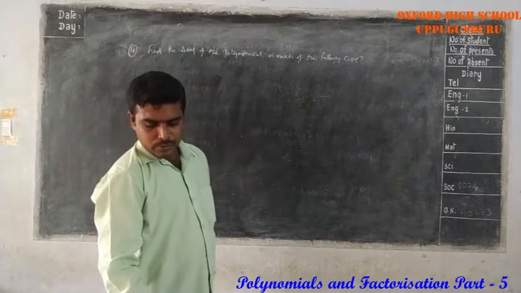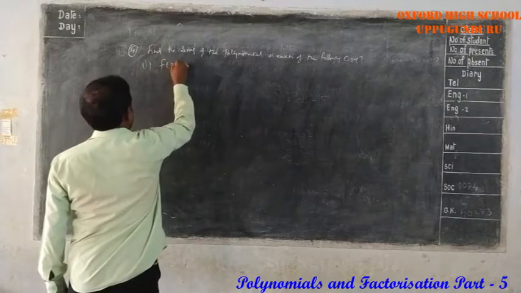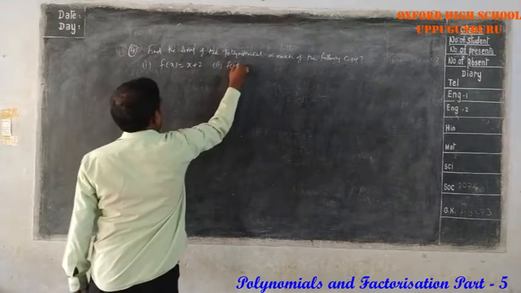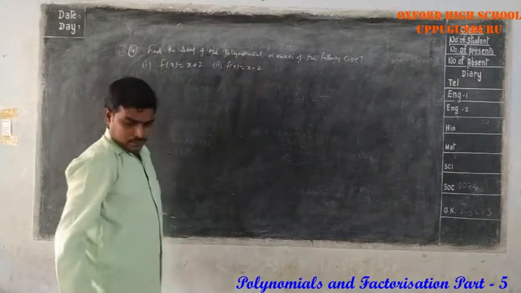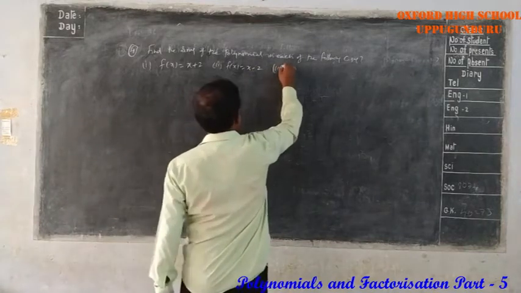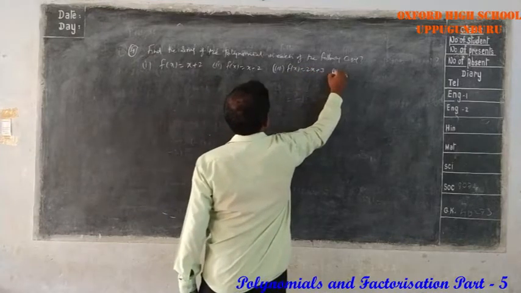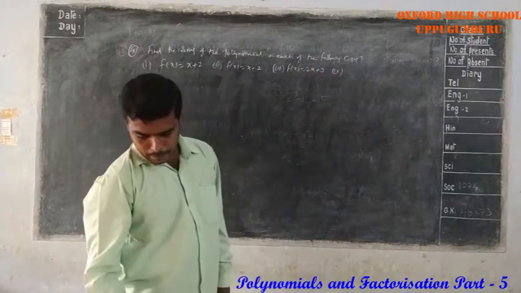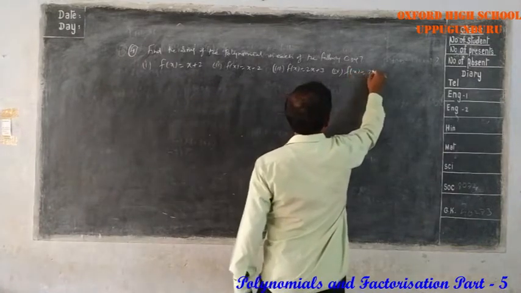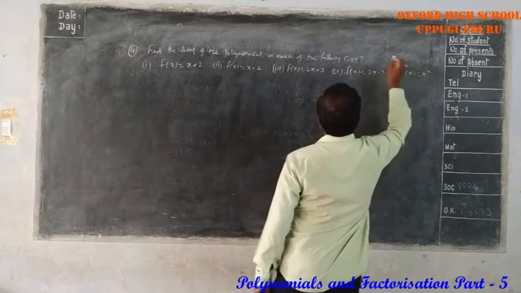I will tell you 4 problems. f of x equal to x plus 2, f of x equal to x minus 2, f of x equal to 2x plus 3, f of x equal to 2x minus 3, fifth one, f of x equal to x square.